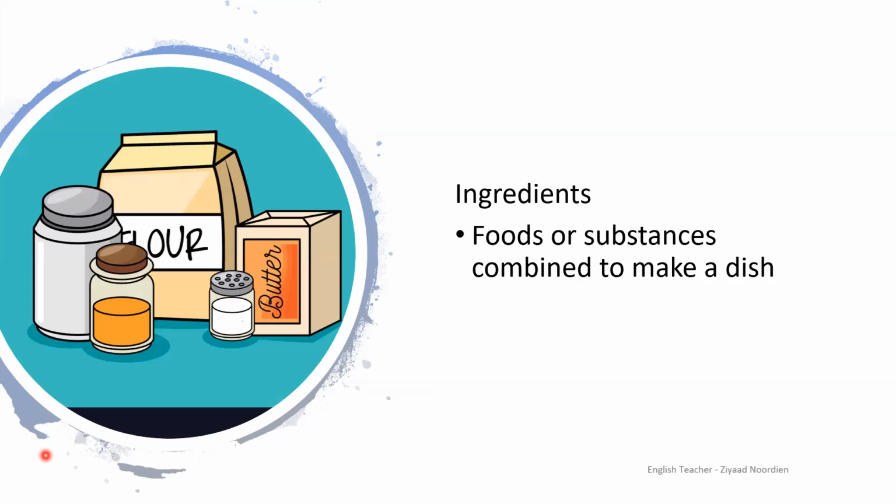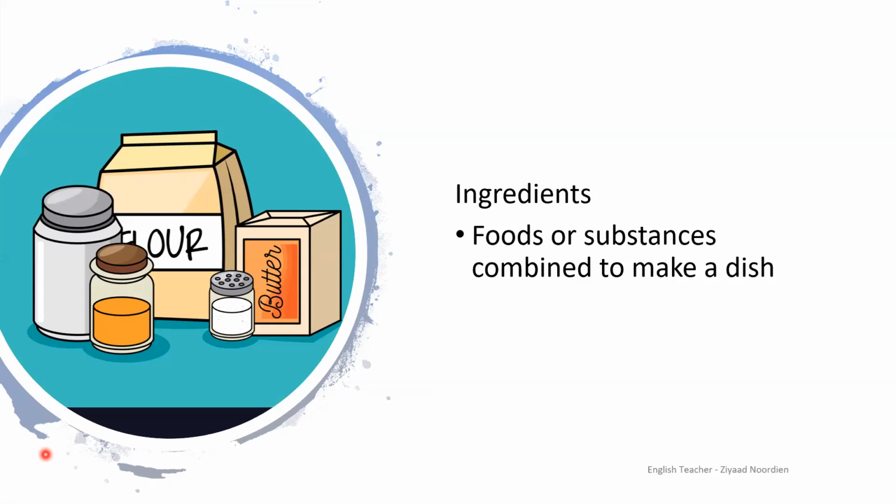The next one, I used the word ingredients when I mentioned mixture before. So the word ingredients means food or substances combined to make a specific dish. So I'm going to use the chocolate chip cookie example again. So we have ingredients for chocolate chip cookies.